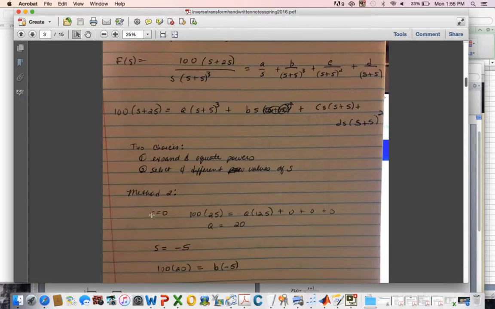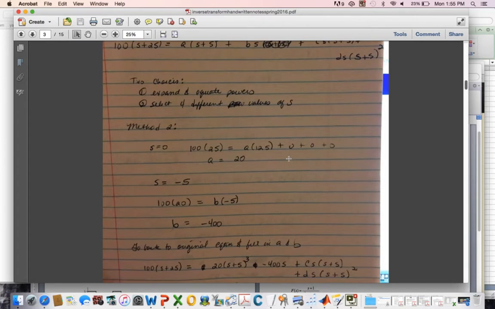So that's one option. The other option is to just select 4 different values of s and solve for simultaneous equations. You can see, obviously, s equals -5 is an obvious choice. When we had different roots, we could just pick the roots, and that made it very simple. In this case, we have a triple root, so we can only use -5 once, so we'll have to come up with 2 other choices.